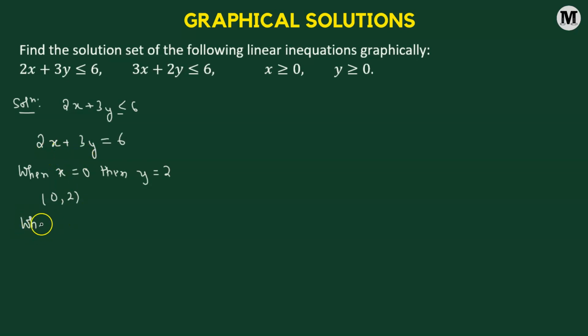Next, if we consider y to be equals to 0, then the corresponding x value is going to be equals to 3, meaning we have another point (3, 0), and that is also going to satisfy the linear equation. Now we are choosing these 2 points because we are going to plot them on the xy plane and join them to get the straight line, which is going to be the graph of the equation 2x plus 3y equals to 6.